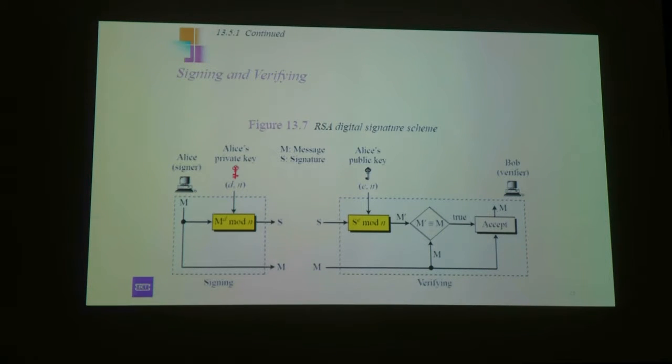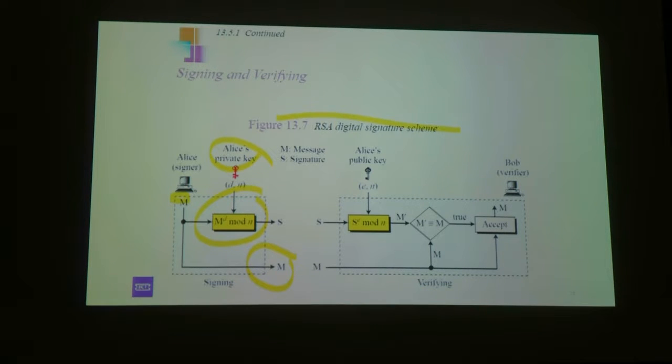Okay, RSA digital signature scheme. So Alice will sign the message using Alice's private key, which happens to be D and N. It takes the message to the power D mod N, and sends it. It could also encrypt the message, not necessarily, but it could.